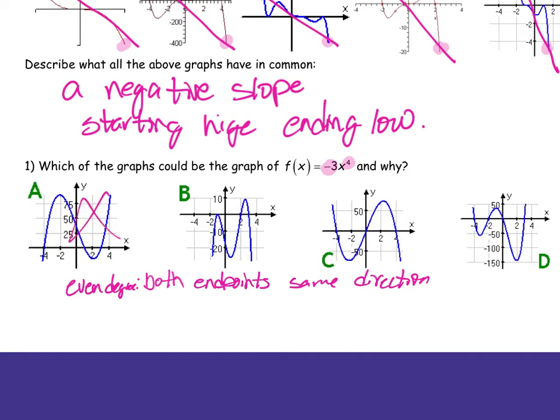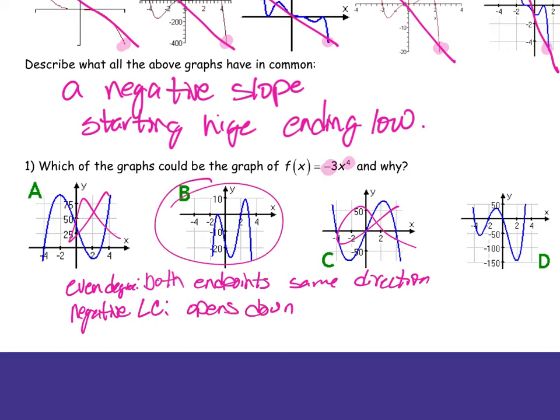That leaves out that one and that one. Negative leading coefficient means it opens down. So that means it's this one, okay? Any questions on that one?